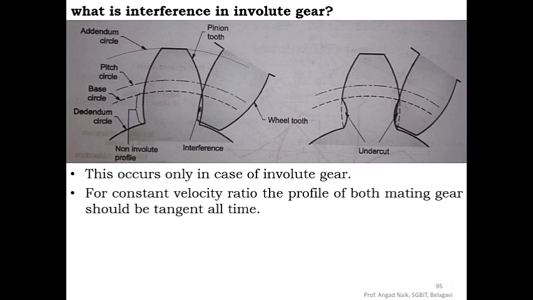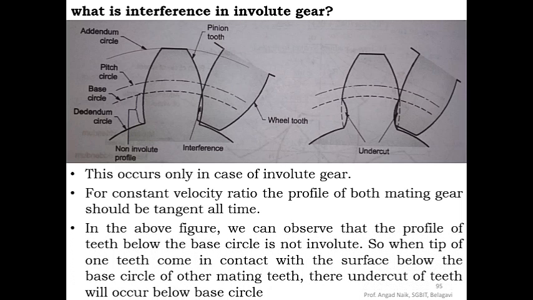For constant velocity ratio, the profiles of both meeting gears should be tangent all the time. In the above figure, we can observe that the profile of the teeth below the base circle is not involute.